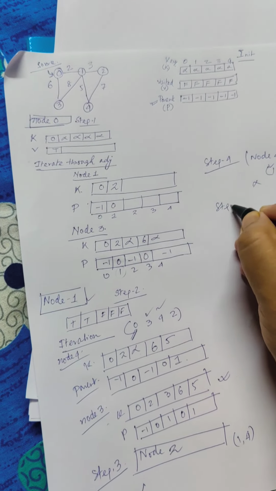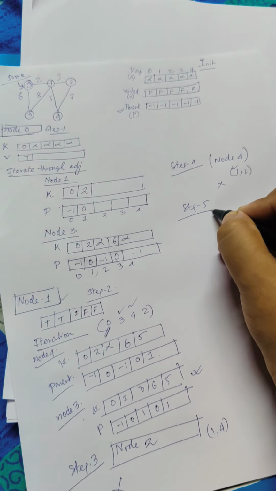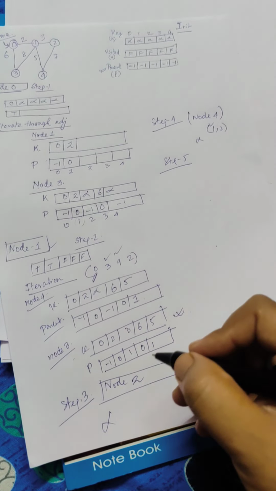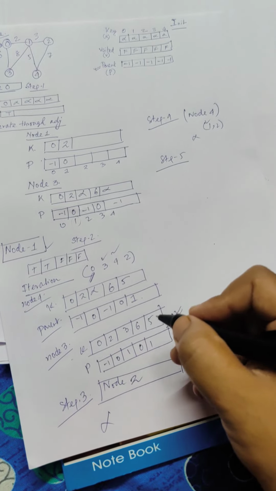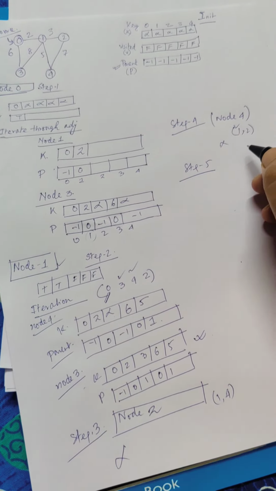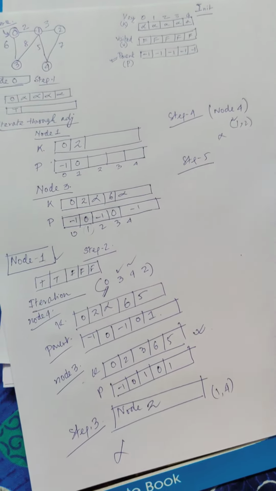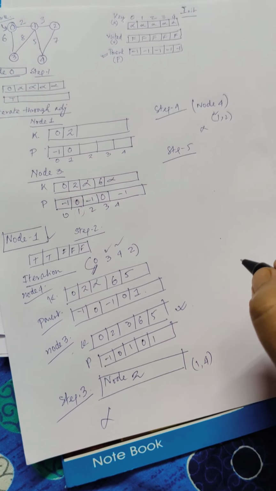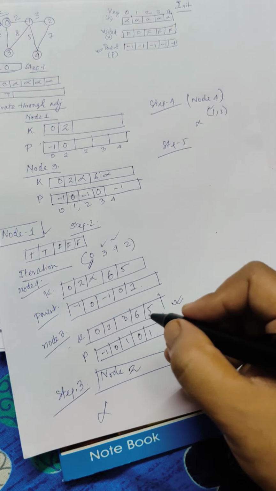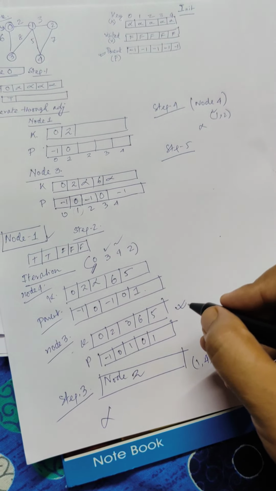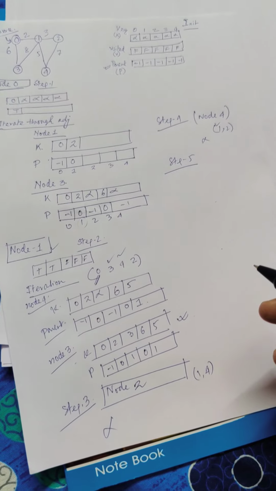Now step number 5. So if we consider step number 5, who is going to be our next node? So we have already taken 0, 2, 3, 5. So left is node number 6, right? So, or we are making any mistakes. 0, 2, 3, 6, 5. So we have taken almost all the nodes, right?